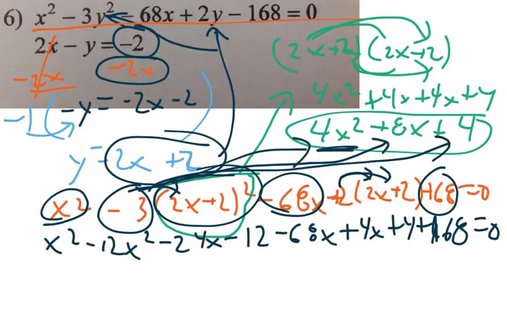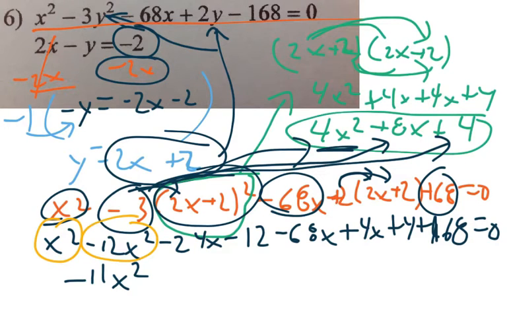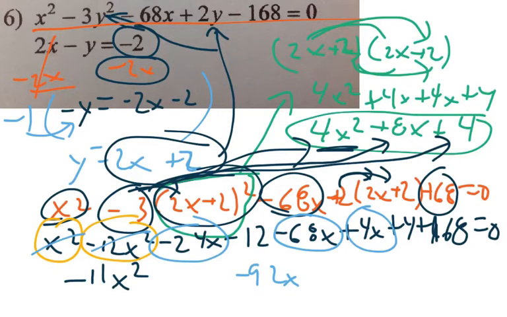Now we combine like terms. I know that x squared minus 12x squared is simply negative 11x squared. Let's just put that on the next page. I know that negative 24x there minus 68x there, now use your calculator if you need to, but that's negative 92x plus another 4x is negative 88x.